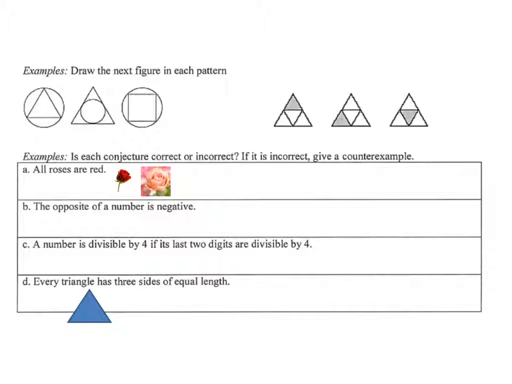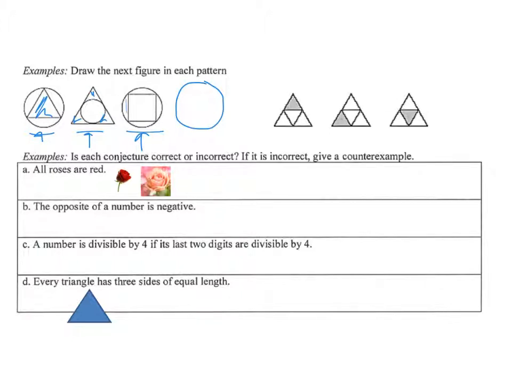Draw the next figure in each pattern. They all have circles. So a circle with a triangle, with a circle, with a square. But look how the triangle is on the inside and then the triangle is on the outside.